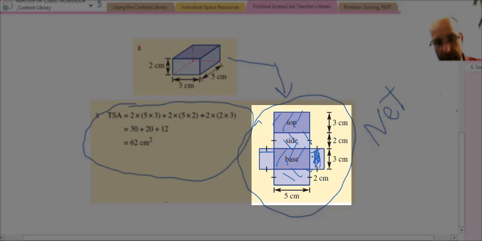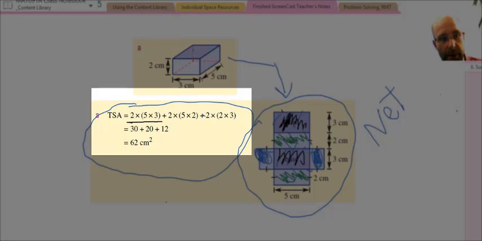So the 2 by 3s are there, the 2 by 5s are here in green, and in black are the 2 lots of 5 by 3 there. And we have 2 lots of 5 by 2 there, and in the blue 2 lots of 2 by 3. We add that together. Notice how the units are squared units.